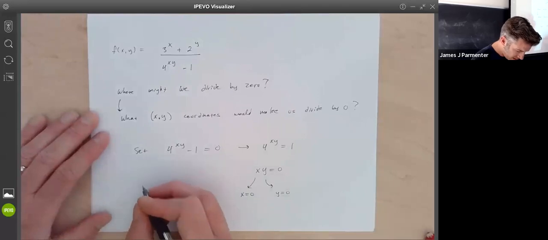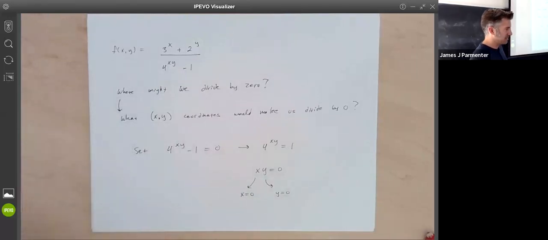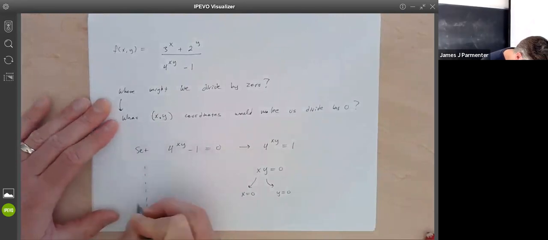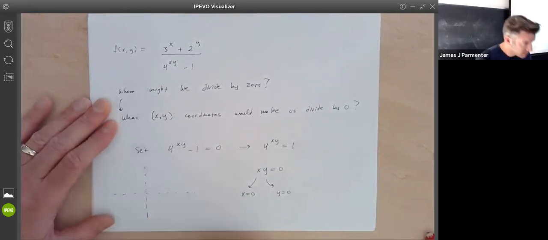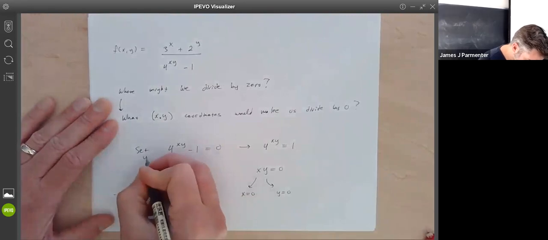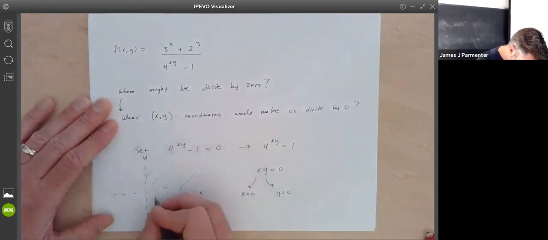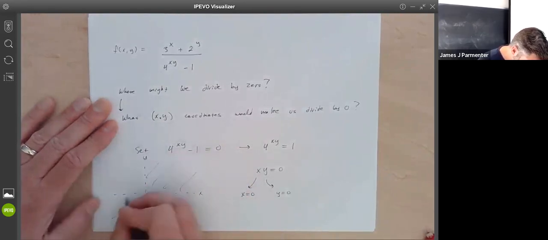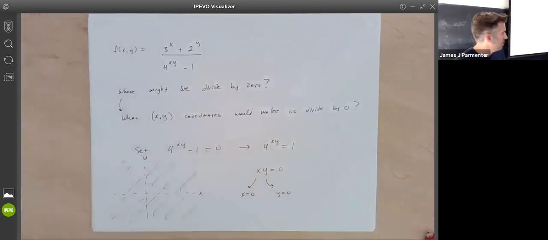So for our domain, I would draw the xy axes, except those are exactly the things I don't want. My domain would be everything except for the xy axes. Like that. Not that you have to draw it, but that's how we would draw the domain.